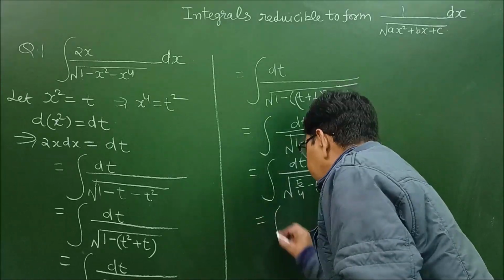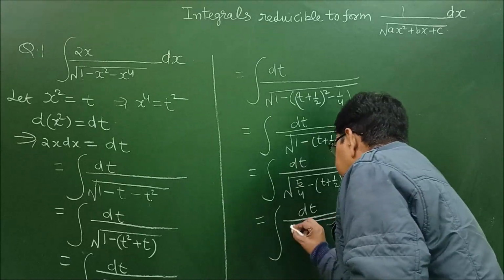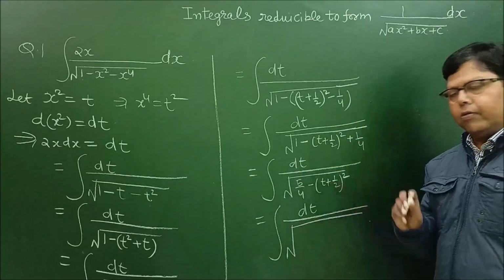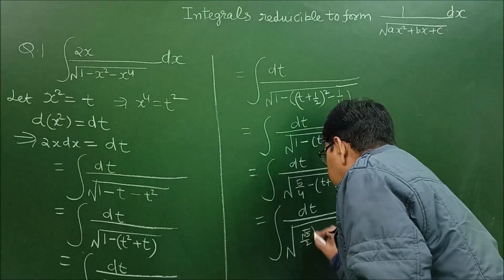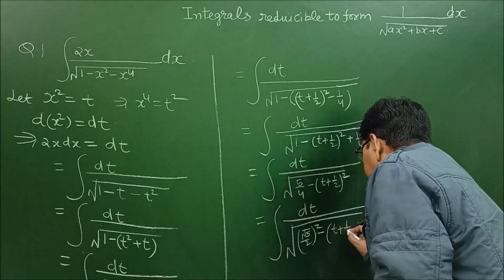This 5 upon 4 can be written as (root 5 upon 2) square, so we get root 5 upon 2 whole square minus (t plus 1 upon 2) square.